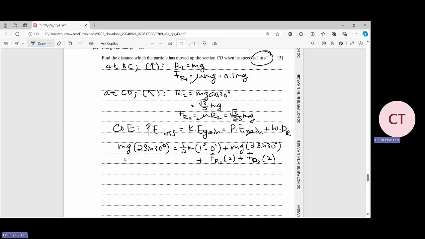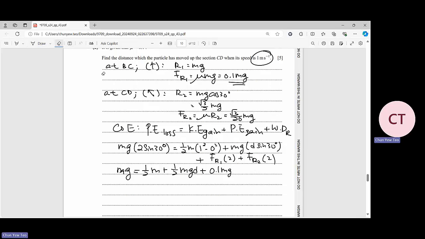So we simplify first. We have mgd equals half mv squared plus half mgd plus FR1, 0.1 mg times d.